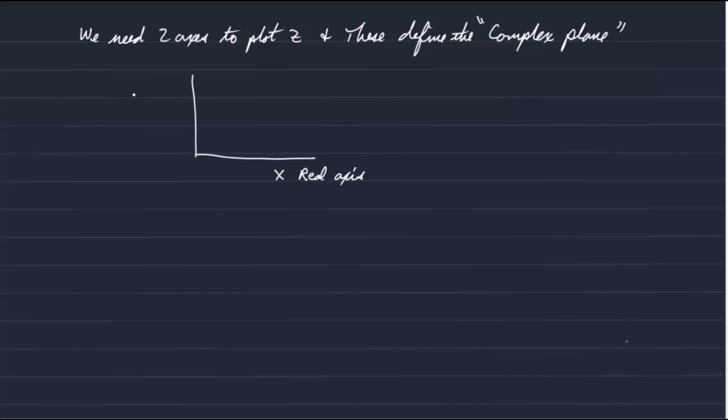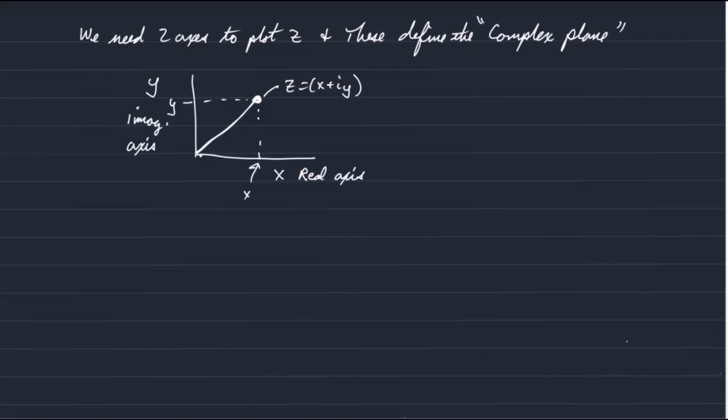It's the real axis, whereas the vertical axis is used for the imaginary part. So x plus iy has an x value of x and a y value of y, and z would be denoted by this point. z is equal to x plus iy.